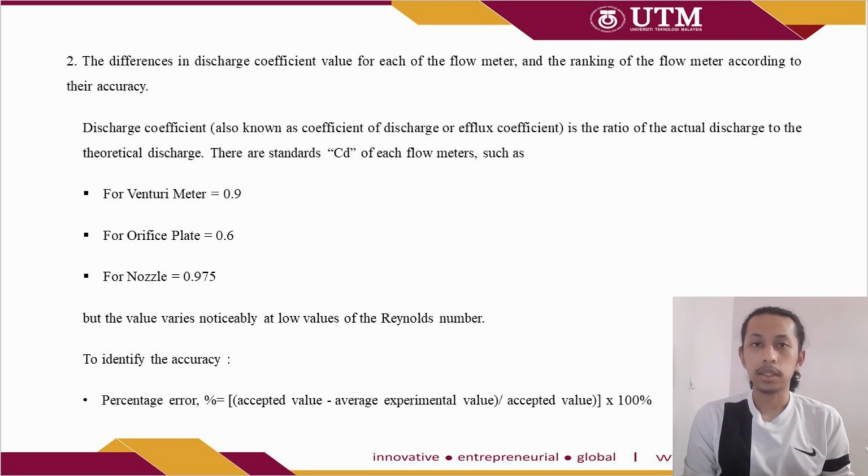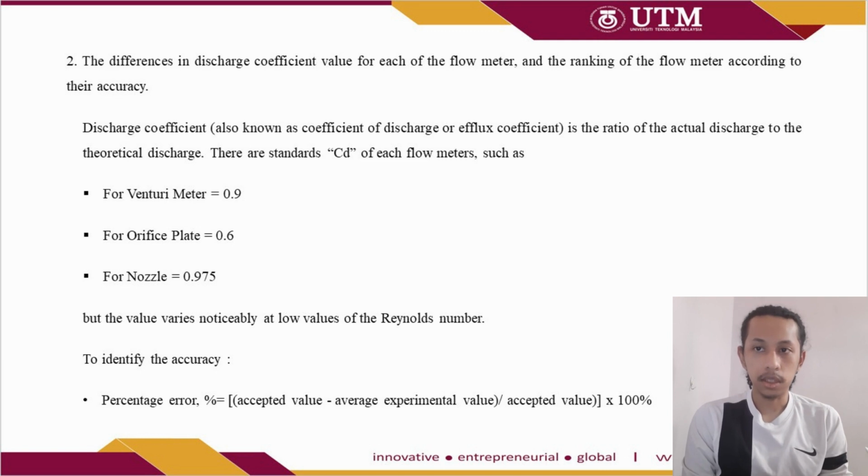The second discussion is the differences in discharge coefficient value for each of the flow meters and the ranking of the flow meters according to their accuracy. The discharge coefficient, also known as coefficient of discharge or efflux coefficient, is the ratio of the actual discharge to the theoretical discharge.